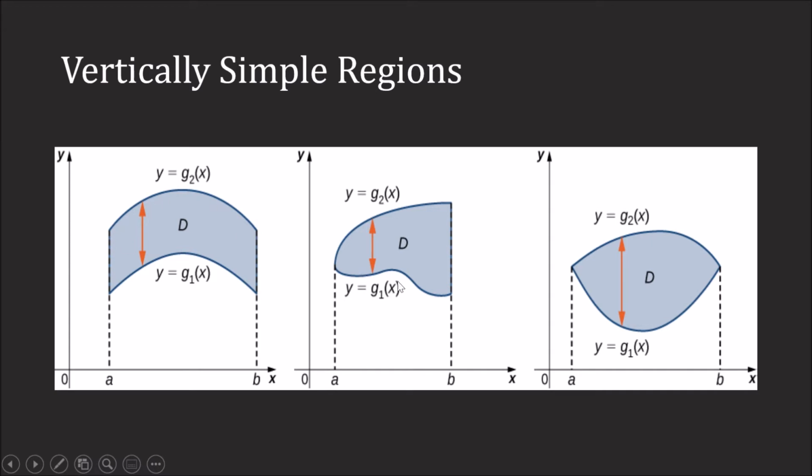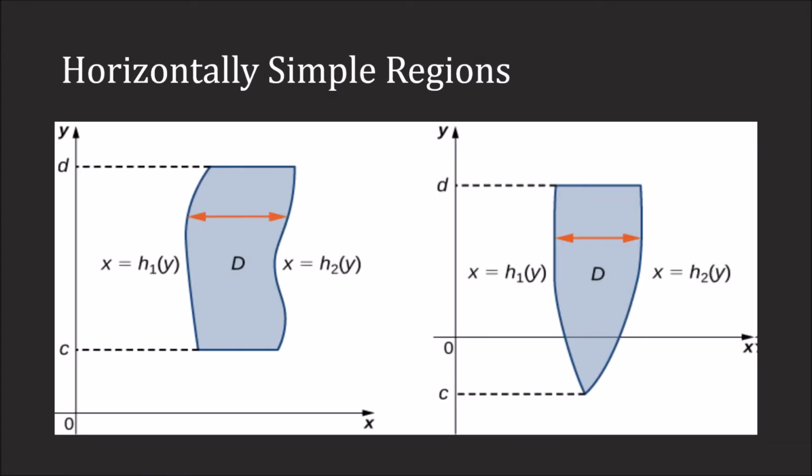Here we have another one, and again, x is bounded between a and b, and y is bounded between two curves written as functions of x, and same thing over here. This slide shows horizontally simple regions. Here we see that y is bounded between c and d, and then x is bounded between two curves written as functions of y, and then the same thing here.